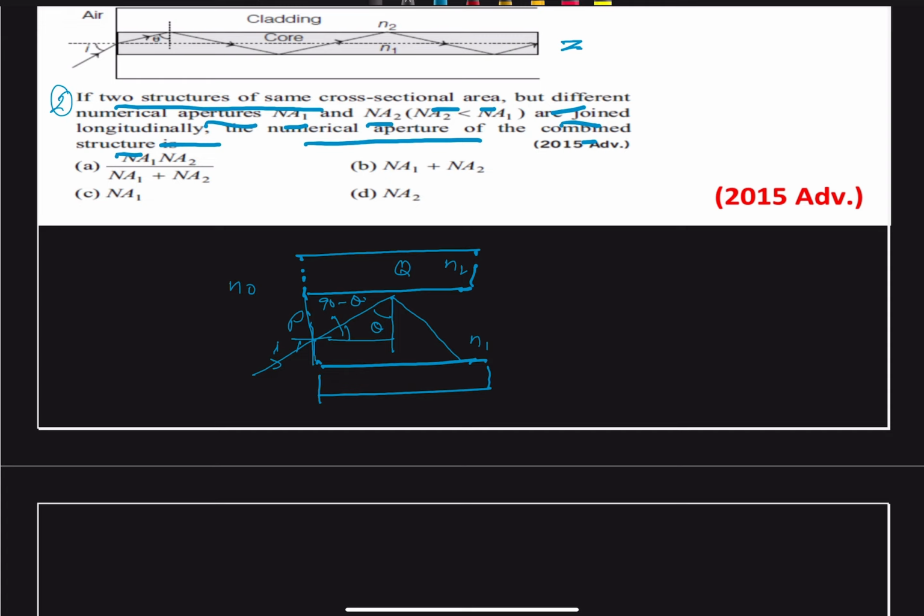Therefore the total internal reflection is going to take place at Q if the angle of incidence is greater than the critical angle. That is the basic premise of total internal reflection.